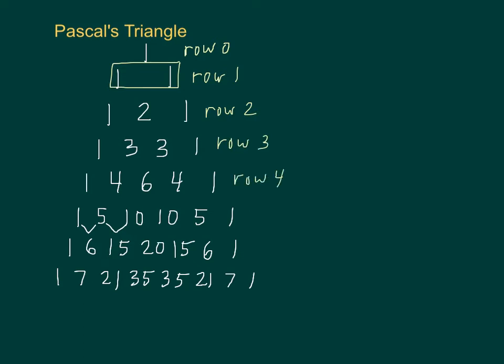Notice that if I look at row 2 here, there are 3 terms. Row 3 here has 4 terms. Row 4 has 5 terms.